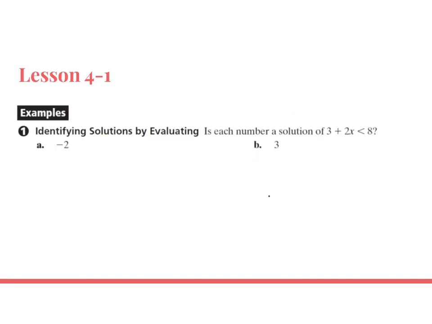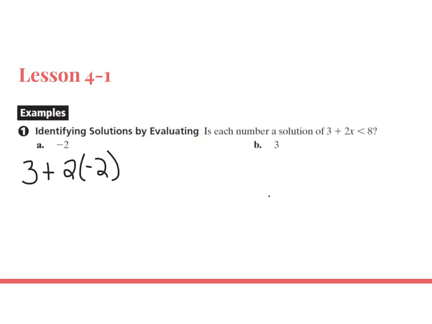In our first example, we are identifying solutions of our inequalities by evaluating the inequality with some values. In this case, we are going to use x as -2. We replace x with the value of -2.